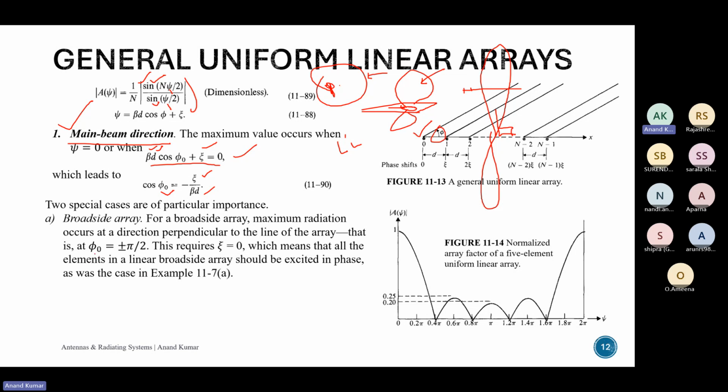So for phi equals plus minus pi by 2, if that is the direction of the main beam, this implies cos phi equals 0, which implies xi must be 0. For xi equals 0, the main beam is perpendicular to the direction of the array, which implies a broadside array.